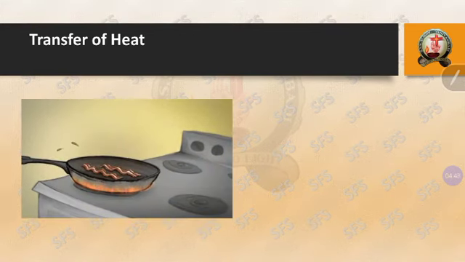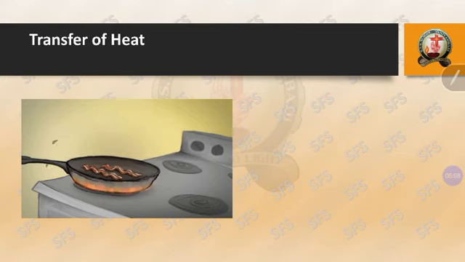So what is actually transfer of heat? As you might have observed in your kitchen, when your mom prepares any delicious food, she will use some kitchen utensil. Let us consider a frying pan. When we keep the frying pan on a stove, heat is generated in the stove.